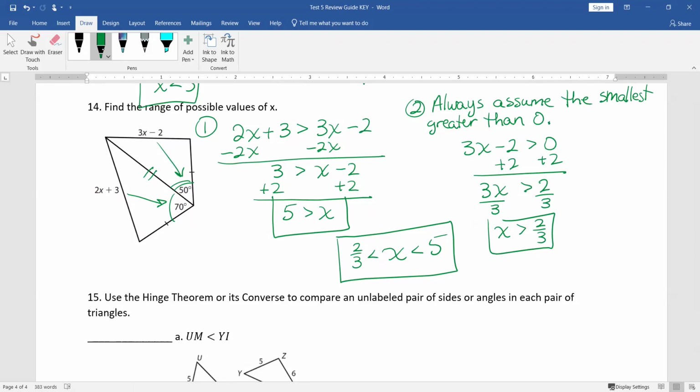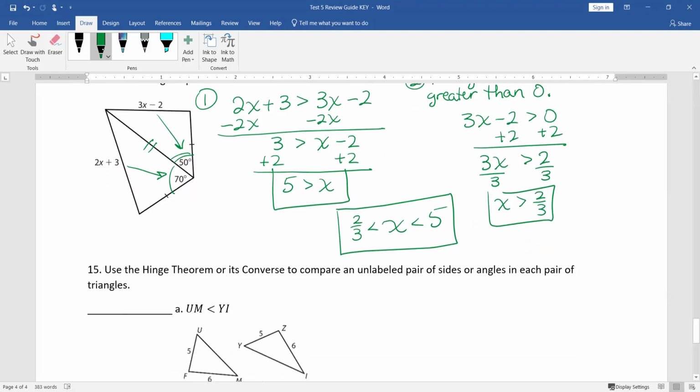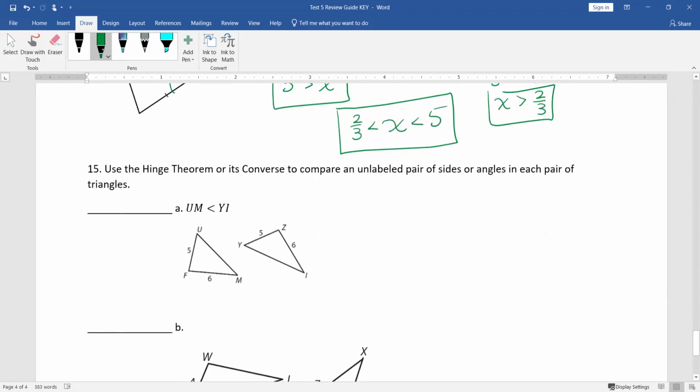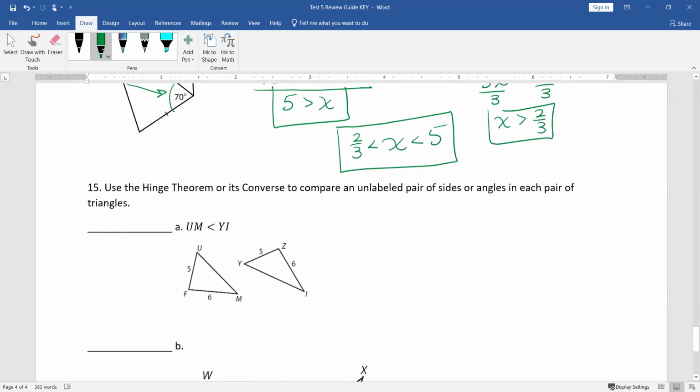All right, so for 15, we're going to use the hinge theorem or its converse to compare an unlabeled pair of sides or angles in each pair of triangles. Again, very similar to what you just did on a quiz. Now, they're giving, I must have forgotten to write it down, so I'll give it to you here. So they're giving us information about our two triangles.